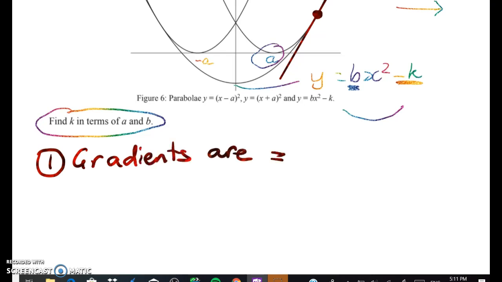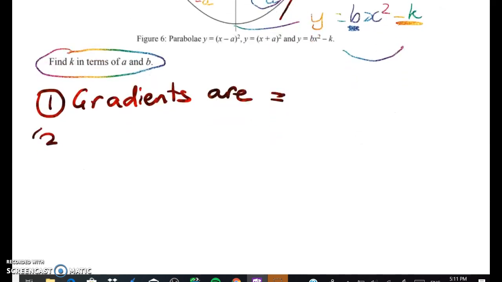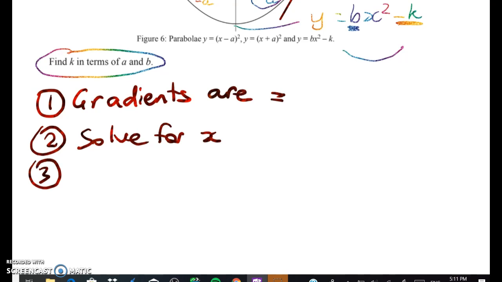So the gradients are equal, so we're going to solve something with that. And then we're going to solve for x, and then get k equals, using, as it turns out, the y value.